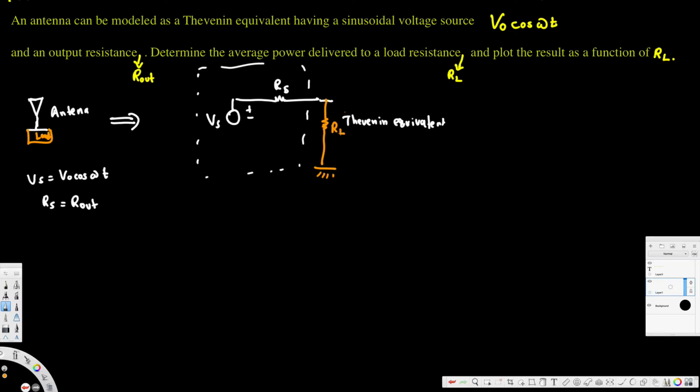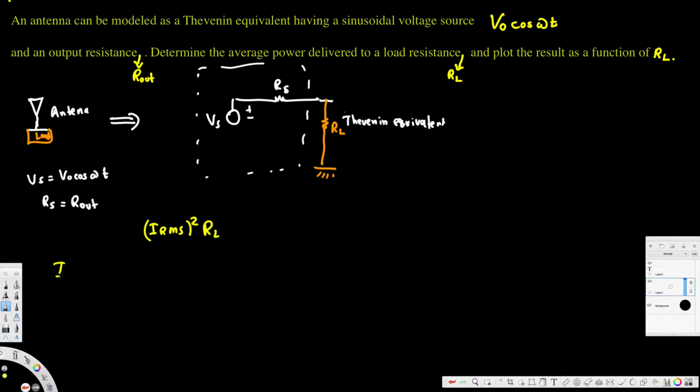Now the next thing is we have to find out the average power delivered. To find the average power delivered to the load, the generic equation is IRMS square times RL.